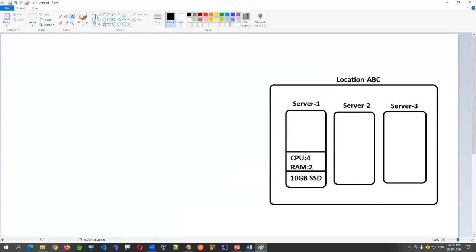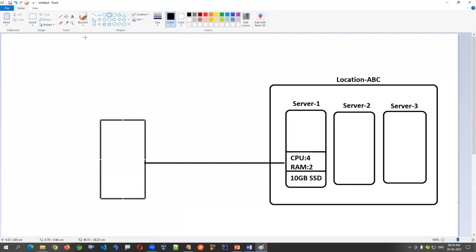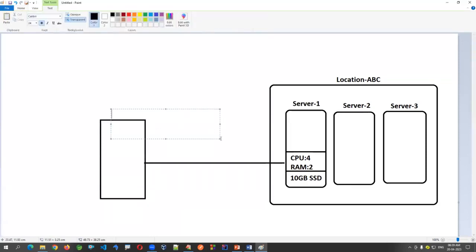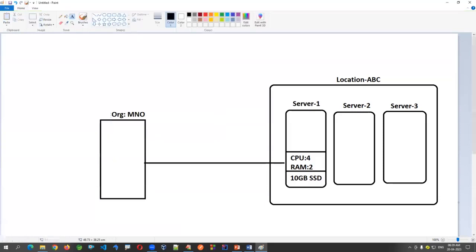And also I'm able to take some network support. So we are running one organization. The organization name is MNO. In our organization, we have developers. These developers are writing the code. Our organization is something like a mid-level organization.